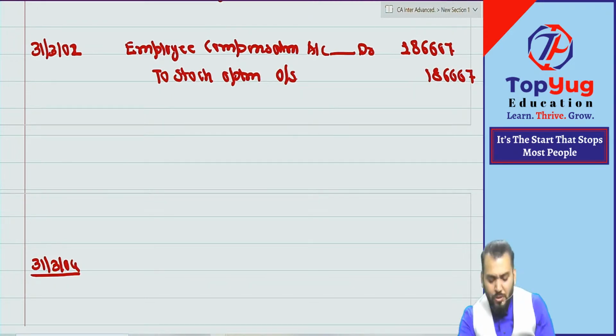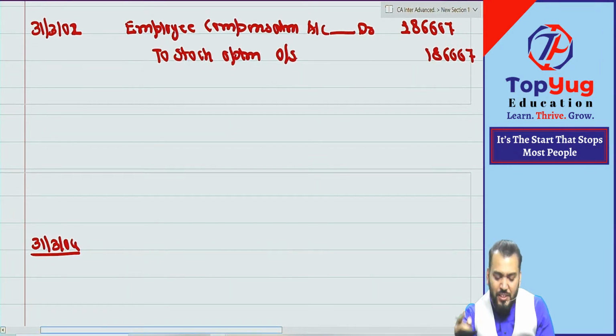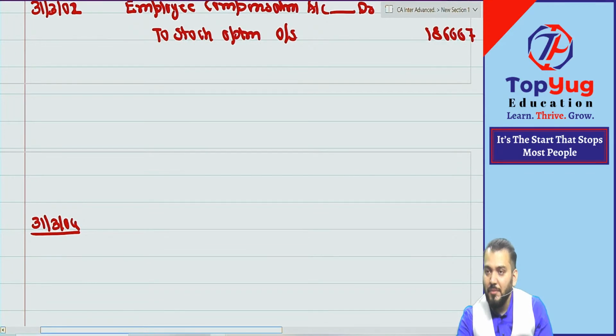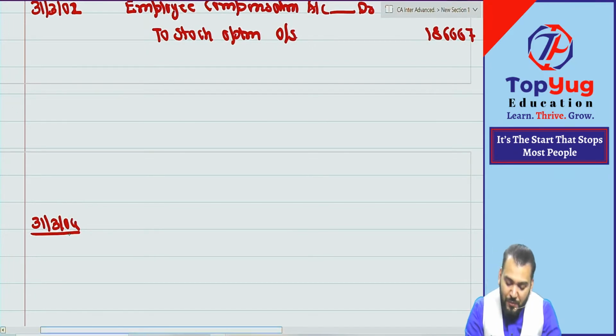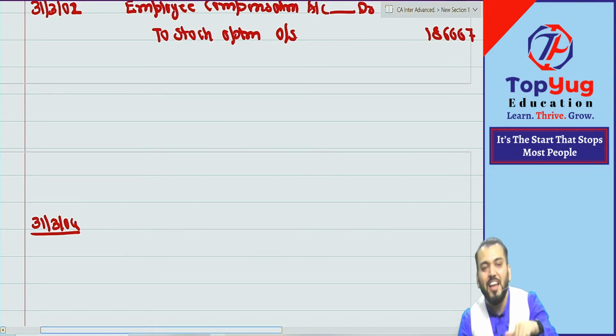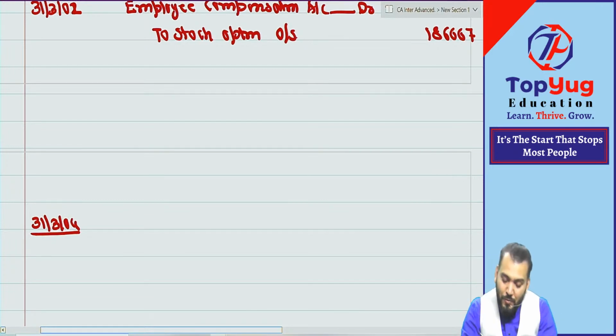So in this question you have done 3 journal entries for 3 years, but exercise day and vesting day are same. If nothing is given, we'll assume all the vested options are exercised. So on 31st March 2004, we need to pass compound journal entry of exercise, but the exercise price is 0, means no cash is coming in. What journal entry will we do?